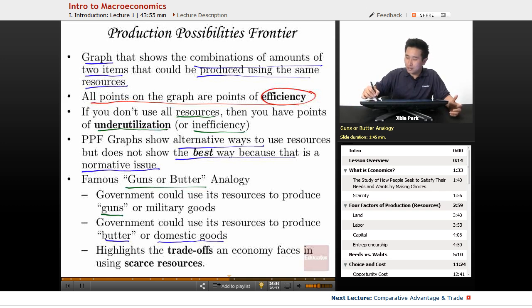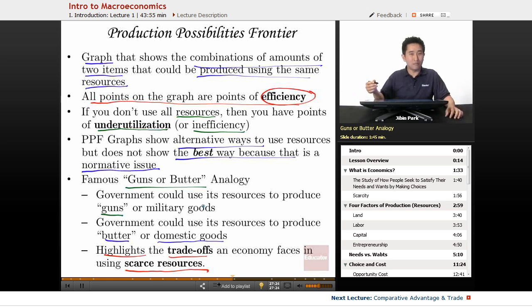Now, what this does is it highlights the trade-offs an economy faces when using scarce resources. If you're a little bit critical on government spending, some might argue that our government might choose to spend $1 million on butter and also $1 million on military goods and basically incur a deficit of $1 million.